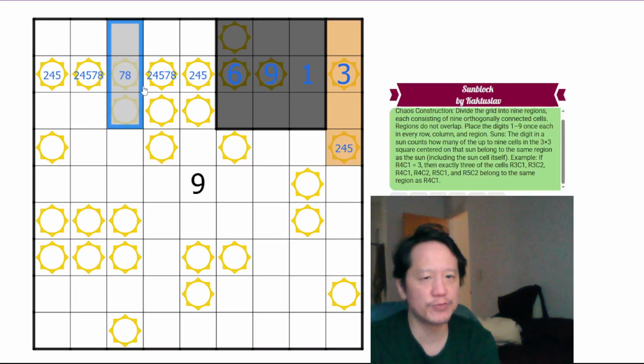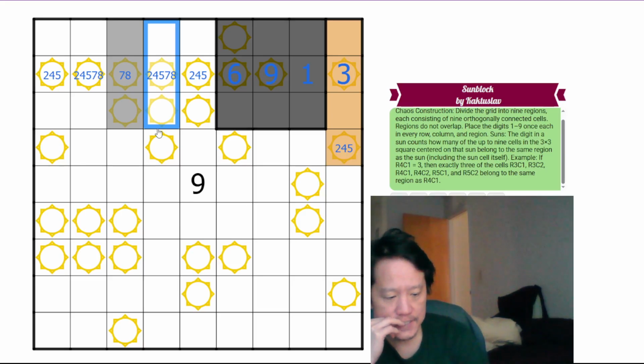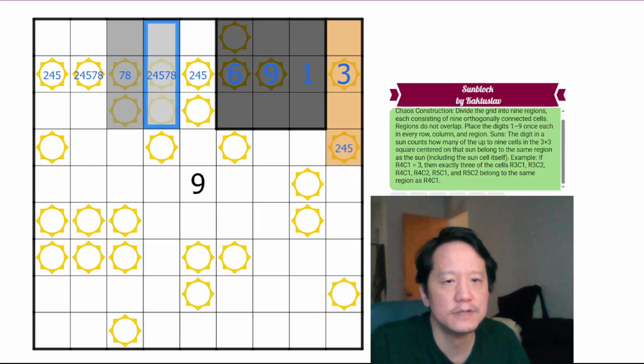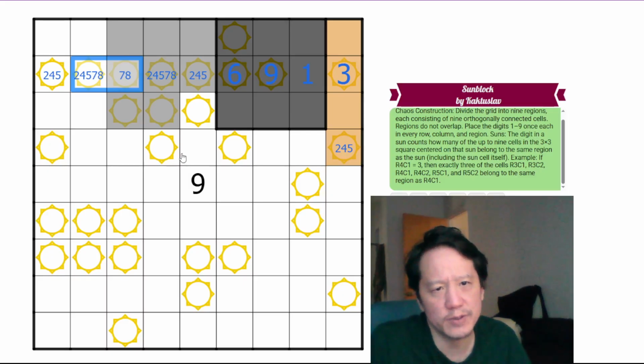It has to have 3 in the same region as 7, but we don't know which one it is. Or 3 in the same region as 8. But we don't know which one that is. So say we try to have this as 8. If this is 8, that kind of works with this as 5. So that's fine. So it'd have 8, 7, 5, and this would have to be 4 and be part of the region.